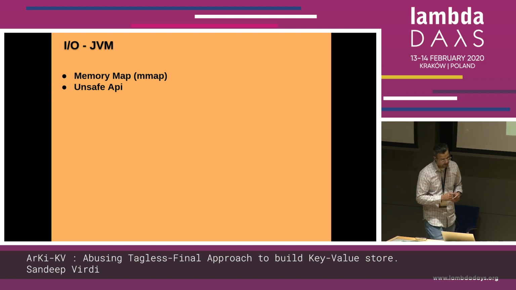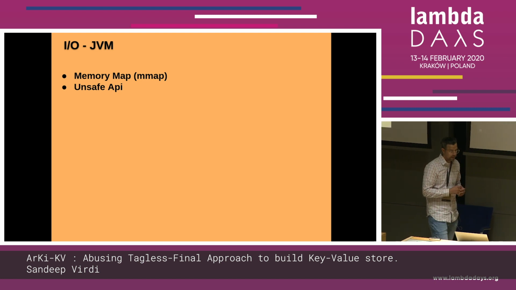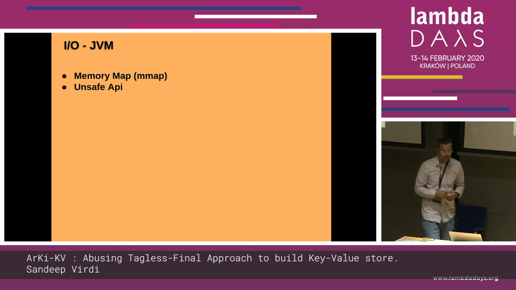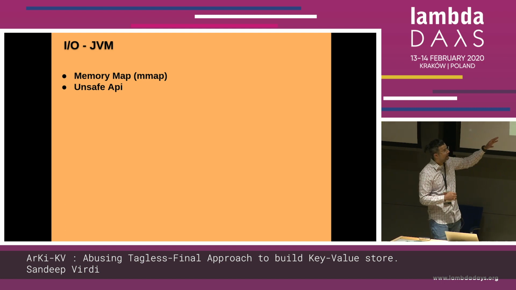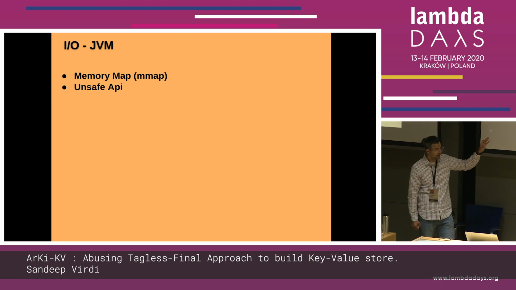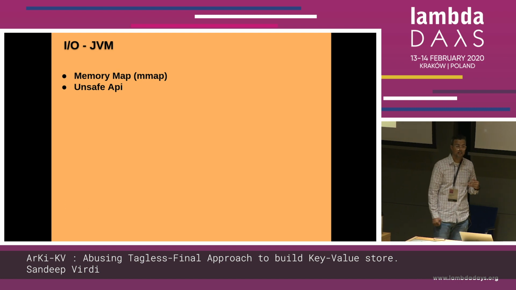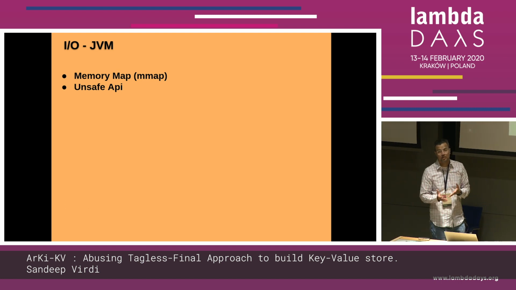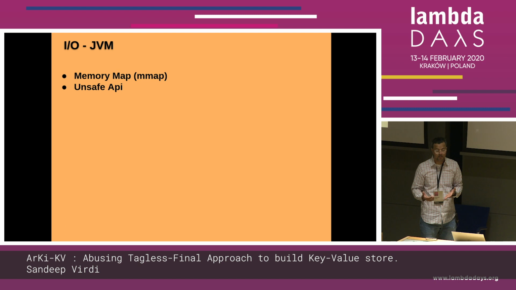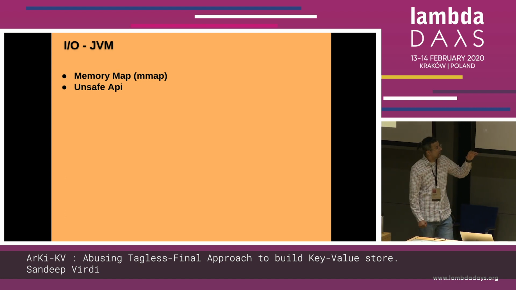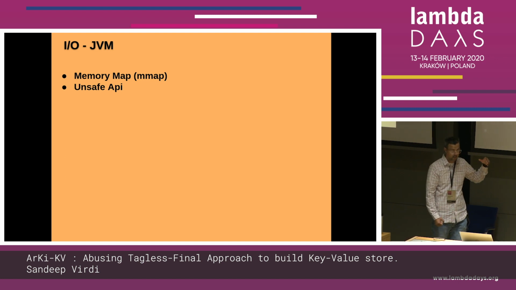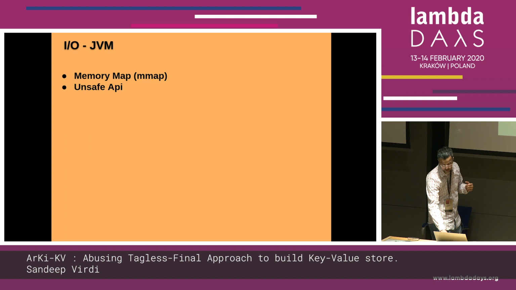So unsafe API is another way to do I/O, and a lot of frameworks actually use it. When I started designing this, I actually used unsafe API, but I moved away from it because it is not going to be supported by future versions of JDK. A lot of frameworks like Netty, Spark, JNR, JFFI actually all internally use it.